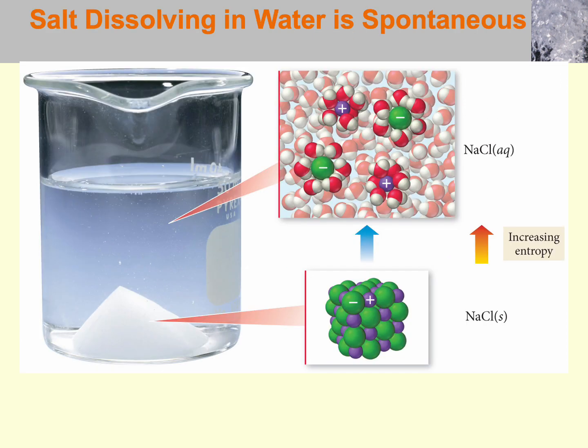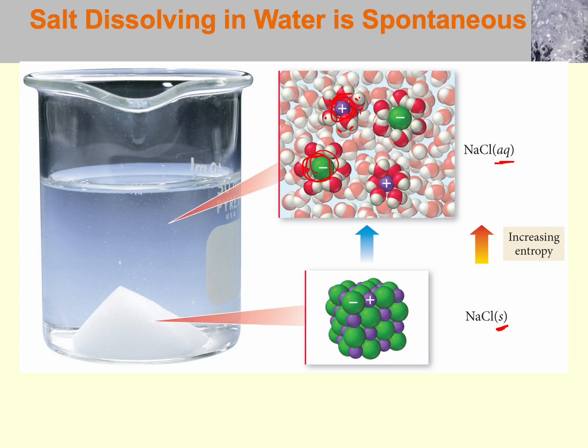Salt dissolving in water is spontaneous. Again, it's the same answer. Freedom of what? Freedom of movement. It's going from a solid form to what we call an aqueous form, and aqueous just means it's been dissolved in water. And we know when we dissolve salt into water, it breaks into its respective ions, the chlorine ions and the sodium ions, and they're surrounded by a sphere of water molecules.